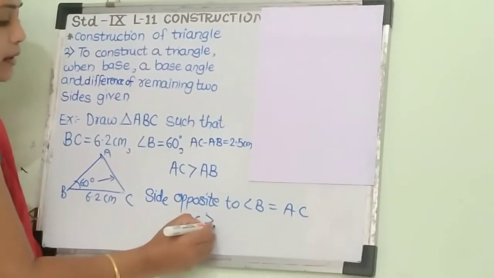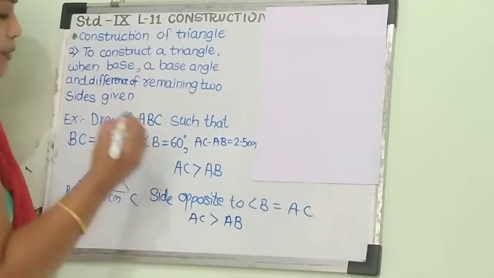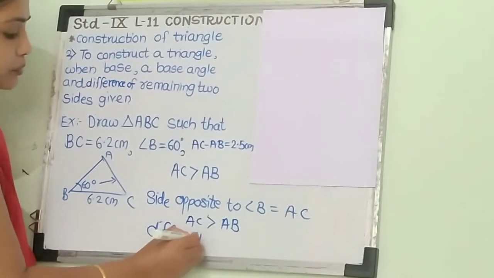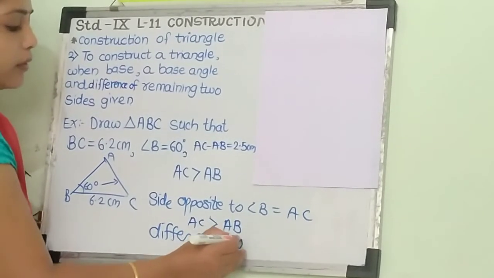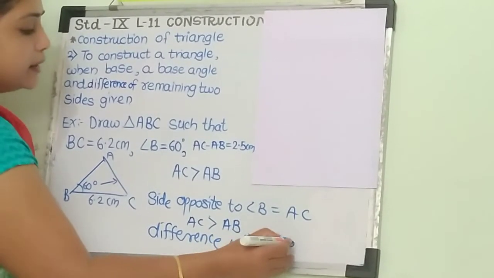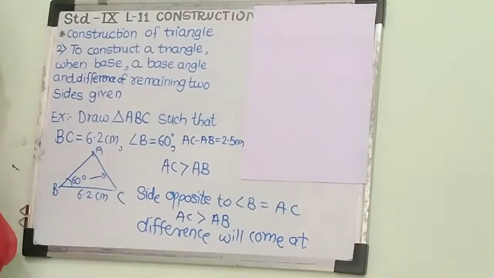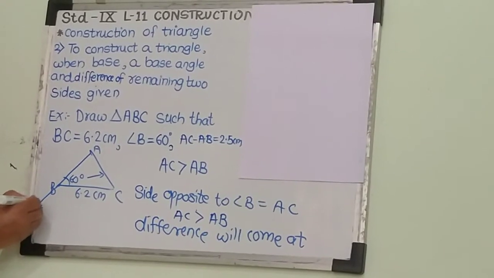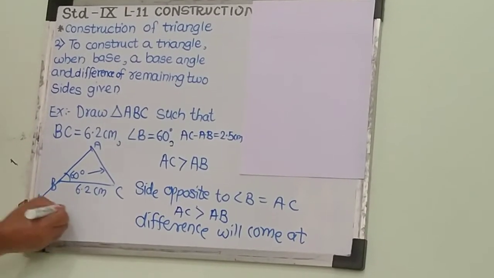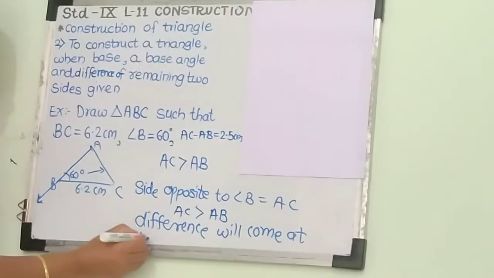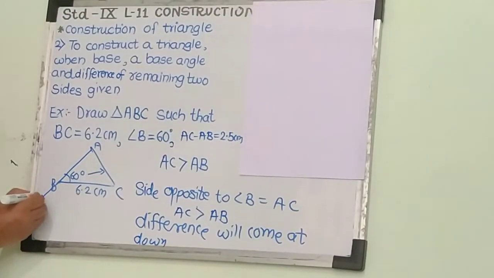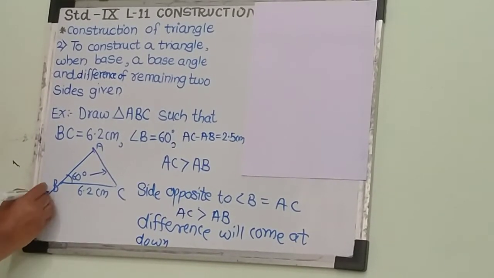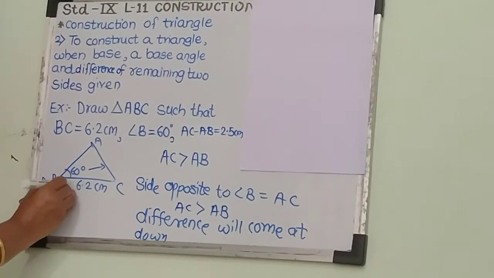AC is greater than AB. So the difference will come at the ray of 60 degree at down. So here it will come, suppose BD will be the difference, and that is the difference of 2.5 centimeter.